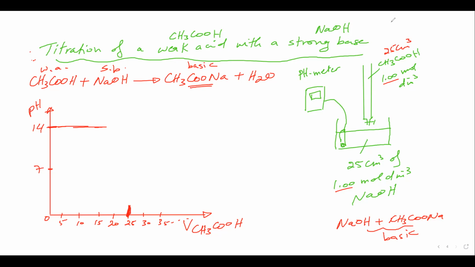And then if we add 25.1 centimeter cube, then the solution will be acidic, but it will be a weak acid because ethanoic acid is a weak acid.